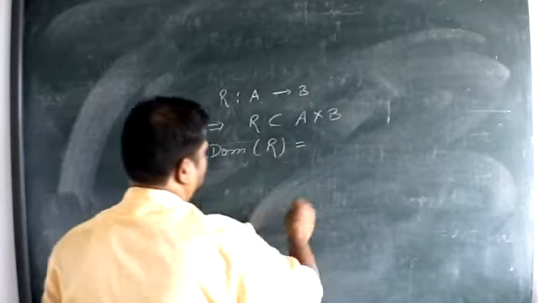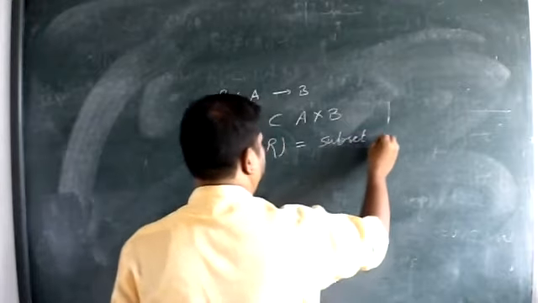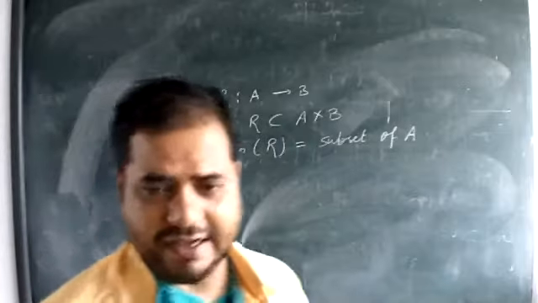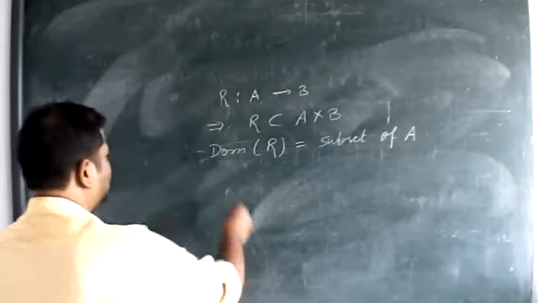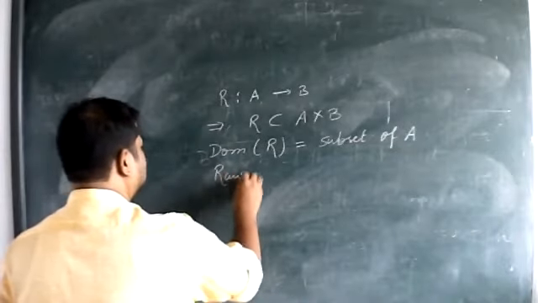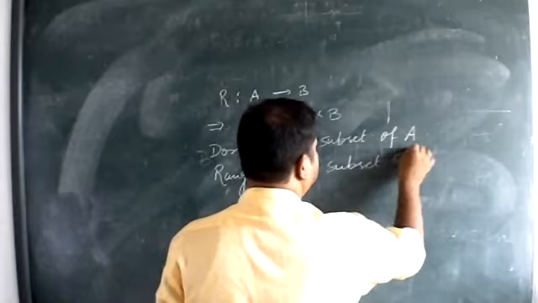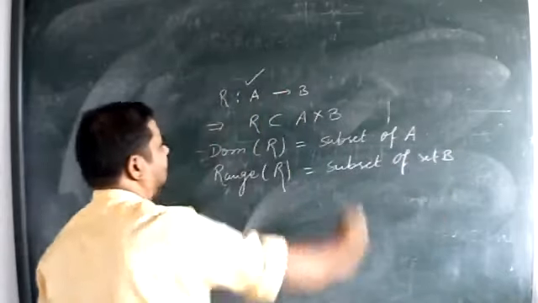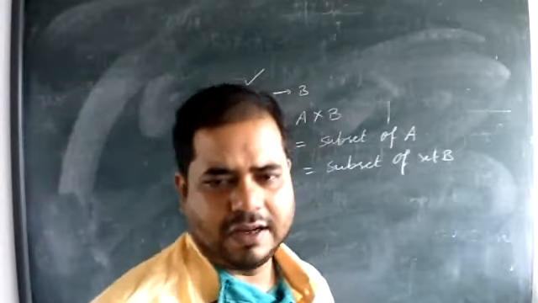Domain of R is a subset of A. Range of R is a subset of set B. तो ये A का सबसेट है, इसको हम लोग डोमेन बोलते हैं, and the subset of B is range.